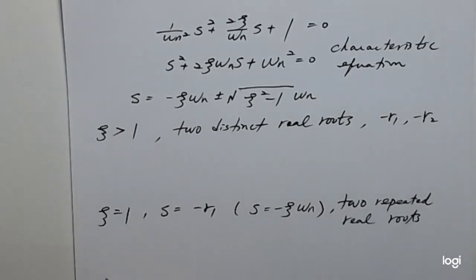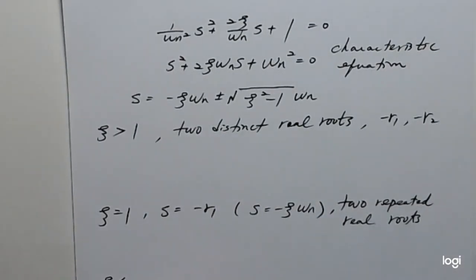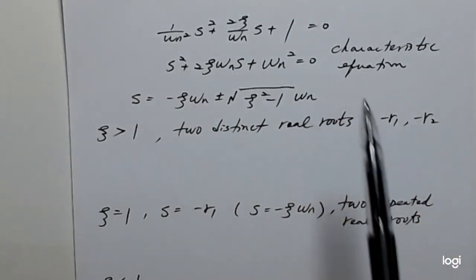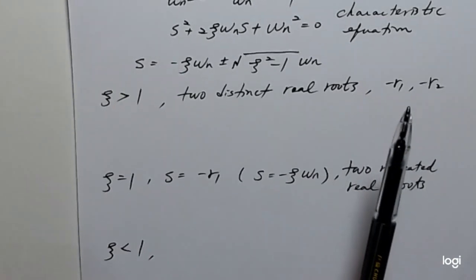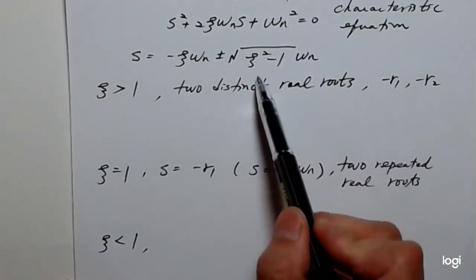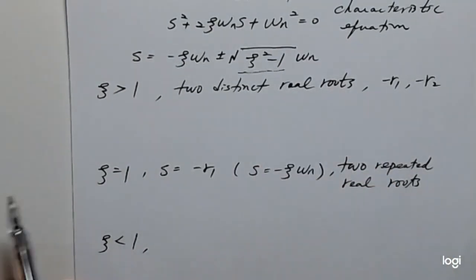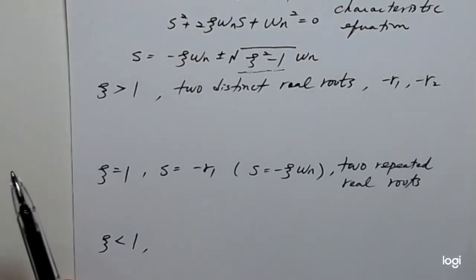And then of course there's another situation, damping ratio smaller than 1. In that case, these terms are smaller than 1, the square root of negative values.